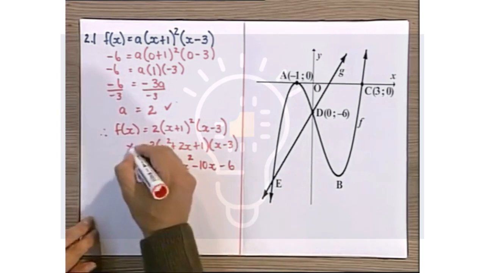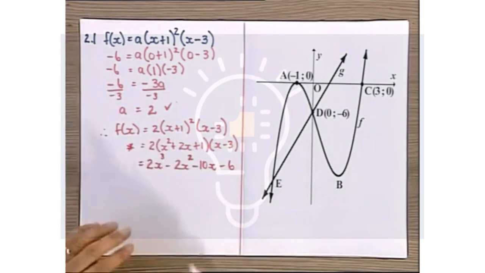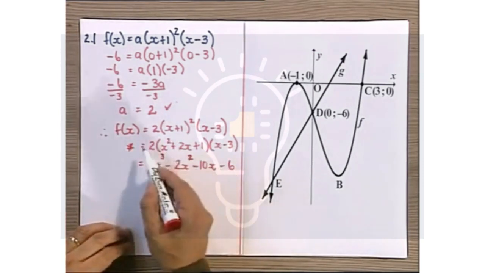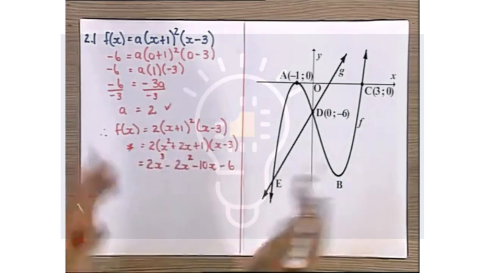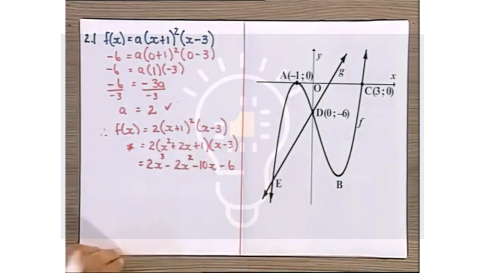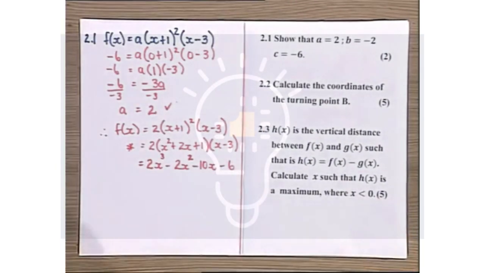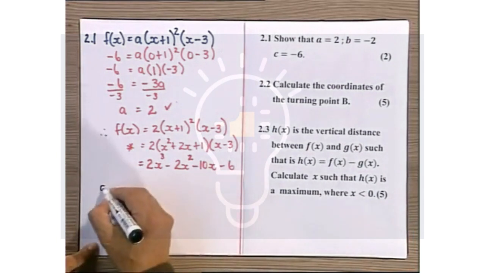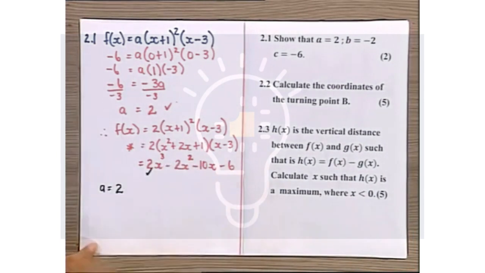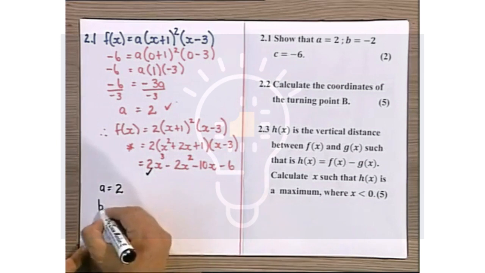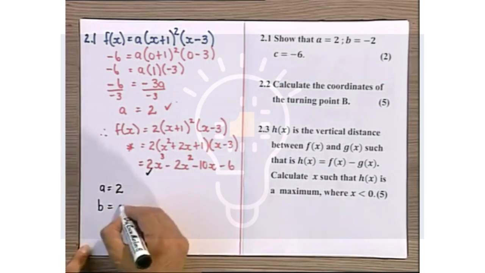Guys, from there, you remove the bracket. You multiply this with that and 2 with that, irrespective of how, but that is going to be your equation. So what does that mean? Let's go back there. Where is a? a is the value in front of x cubed. Happy? b is the value in front of x squared.